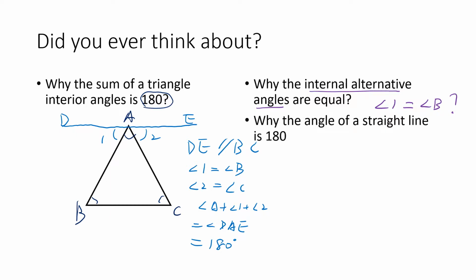Or let's push a little bit further. Why is this line, the angle DAE, 180 degrees? You think, oh, this is a straight line, but why is that? Did you ever think about that?